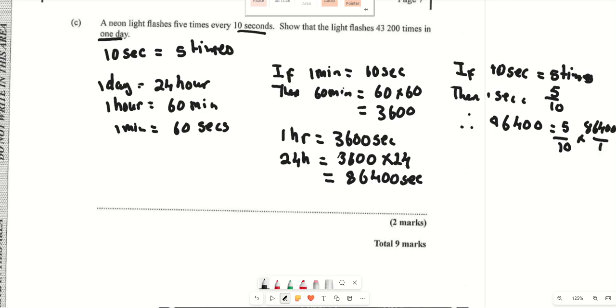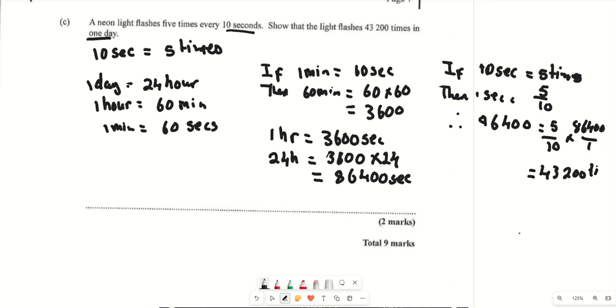And when you multiply that, you're going to get 43,200 times. And that is how you would do this question. And that is the end of January 2020, Number 1.